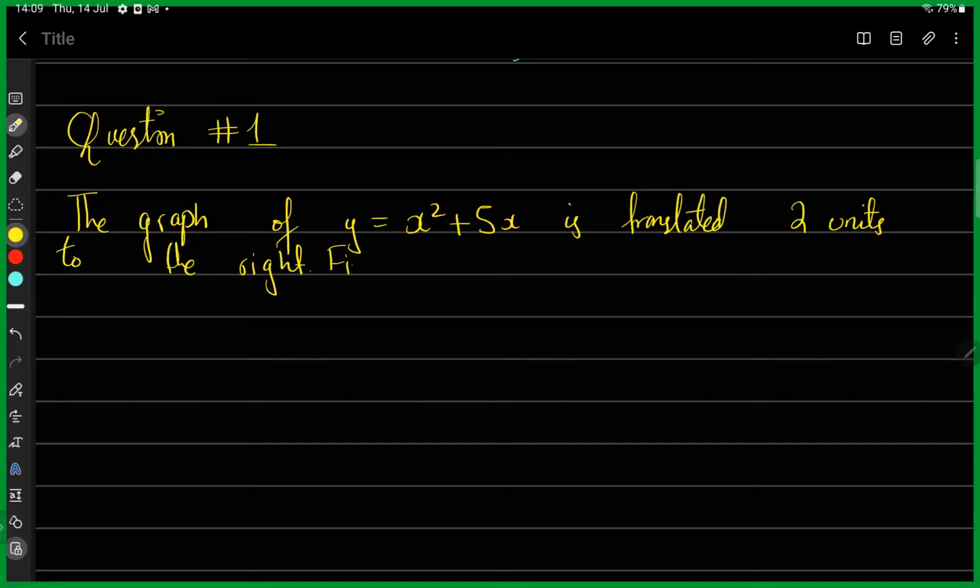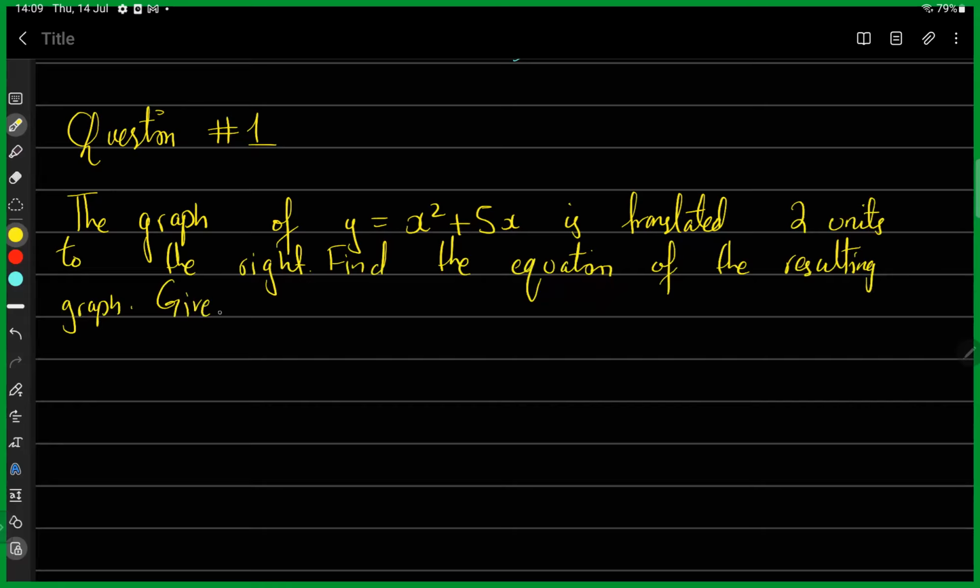Find the equation of the resulting graph. Give your answer in the form y equals ax squared plus bx plus c.